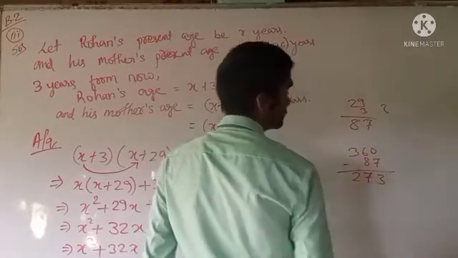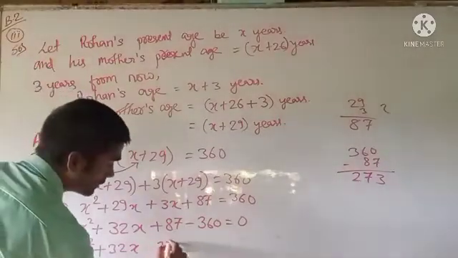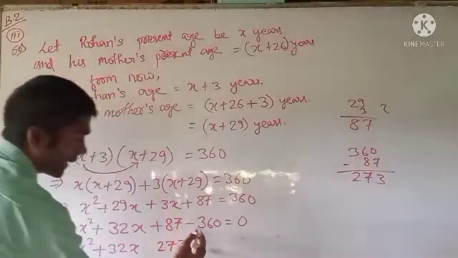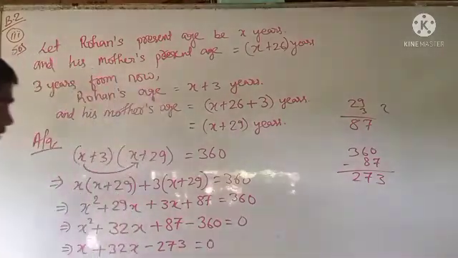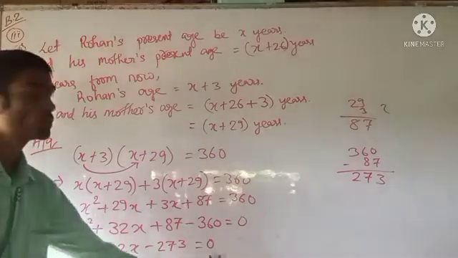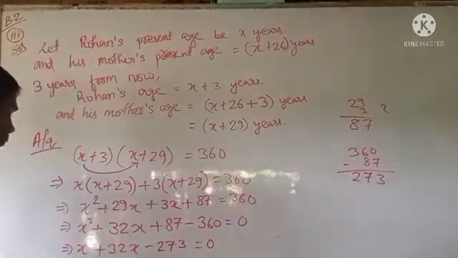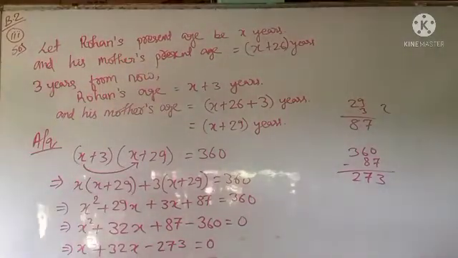Here it is left with 2. Now we got 273, and the sign of the greater integer is minus, then equal to 0. Now it is of the form ax square plus bx plus c is equal to 0. So this is our required answer, that is in the form of a quadratic equation.